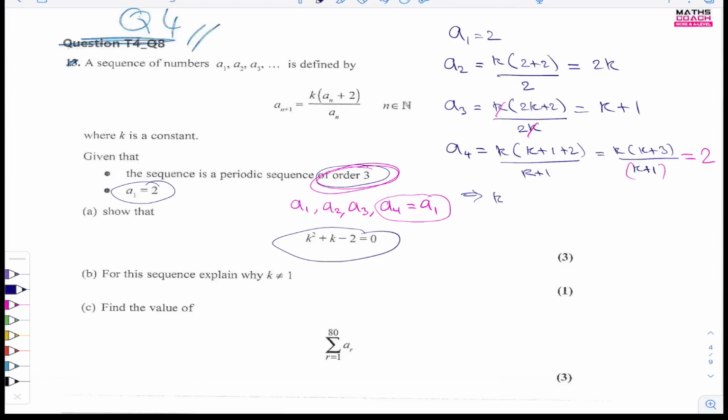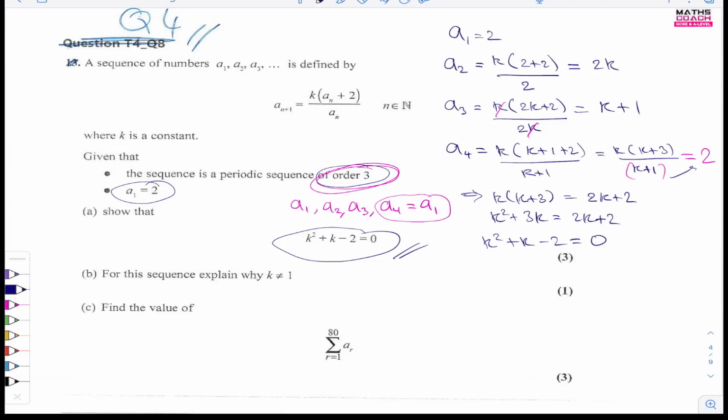We get k bracket k plus 3 equals, then take that across and multiply, so that's 2k plus 2. Expand the bracket. k squared plus 3k equals 2k plus 2. Therefore, k squared plus k minus 2 equals 0, and we have that expression.